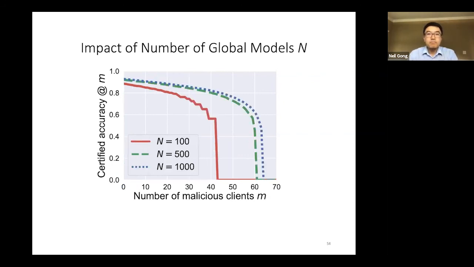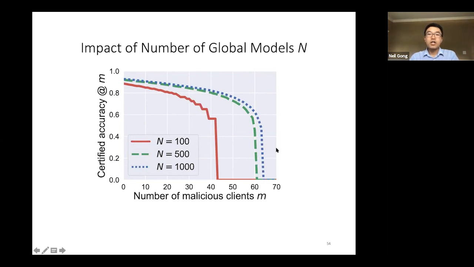This figure shows the impact of the number of global models on our method. The x-axis is the number of malicious clients M. The y-axis is the certified accuracy at M. Different curves correspond to different N. As we can see, when we increase N from 100 to 500, which are these 2 curves, the certified accuracy increases substantially.